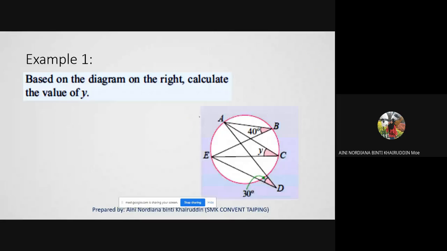So have a look at this example. Okay, look at this arc, arc AE. So there is two chords that meet at point B and another two chords meet at point C. So what is the value of Y? Anyone?